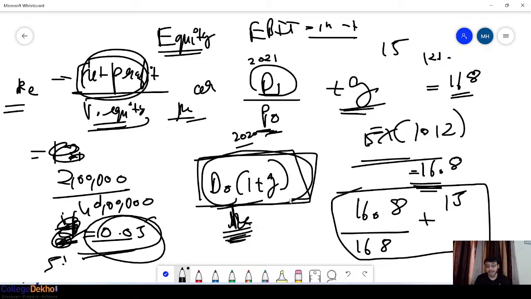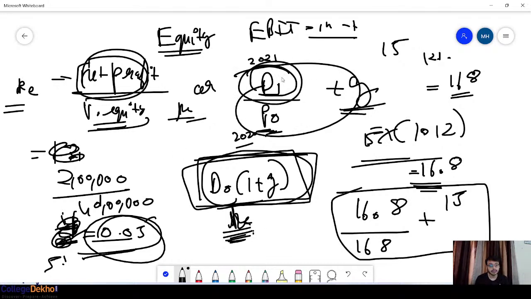But this method can be wrong in most of the scenarios. You have to consider your KE also. सिर्फ ये फॉर्मूला यूज करना उसके लिए मतलब कि D1 निकाल लिया, PO निकाल लिया, G निकाल लिया, उसके लिए फाइन है.